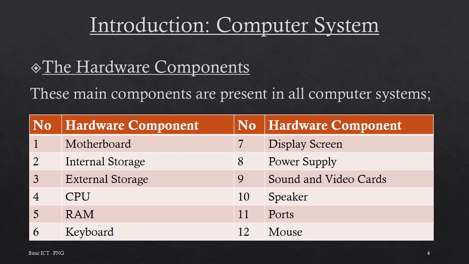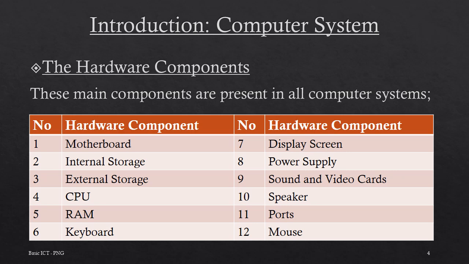Let's look at hardware components. While hardware components vary from computer to computer, these are some of the main components that are present in all computer systems. Here we have stated 12. First component is motherboard.